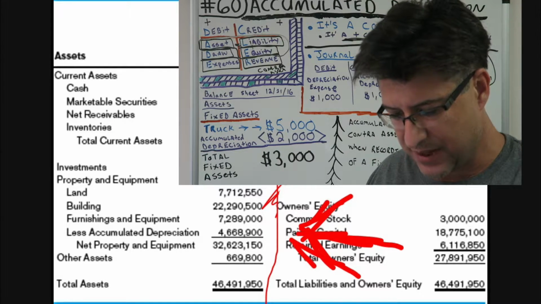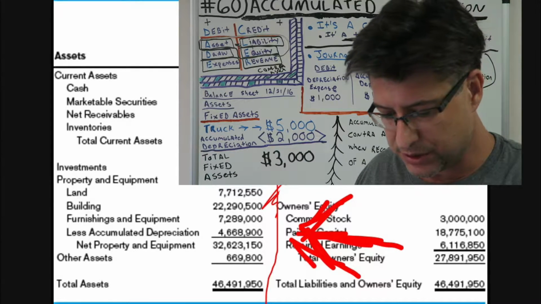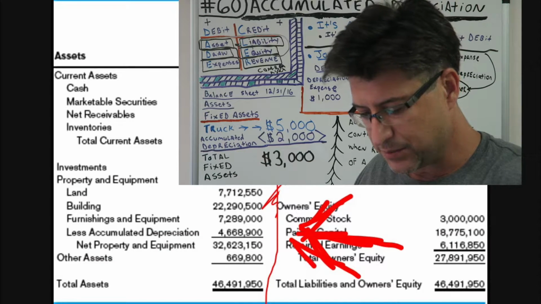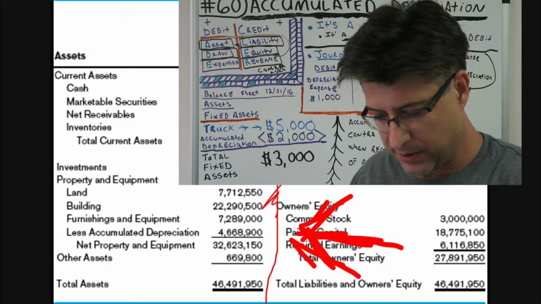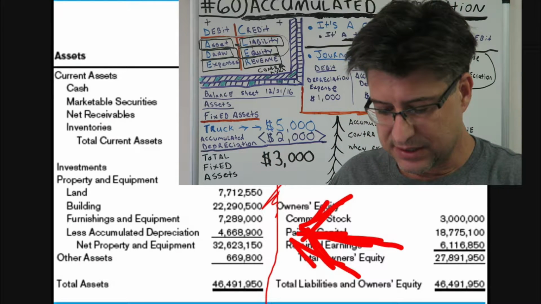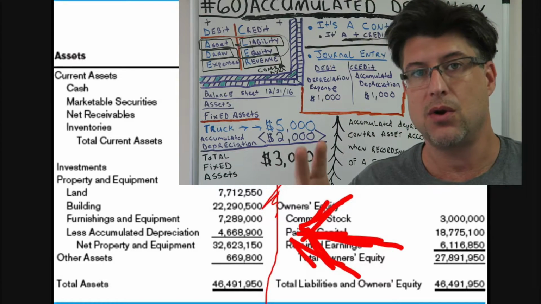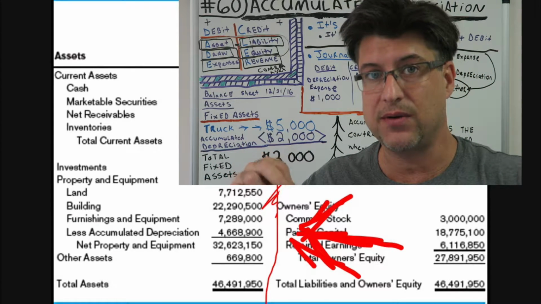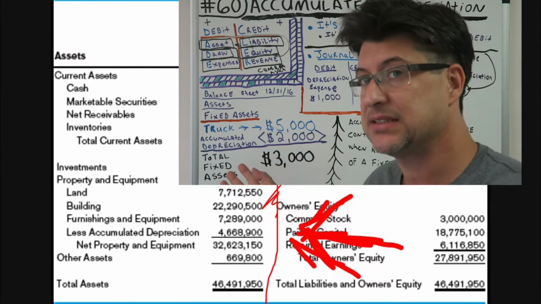They subtract the accumulated depreciation from the rest of the property and equipment, and then they get net property and equipment. So at a glance, you can see the book value, or net value, of the property, plant, and equipment, or fixed assets.